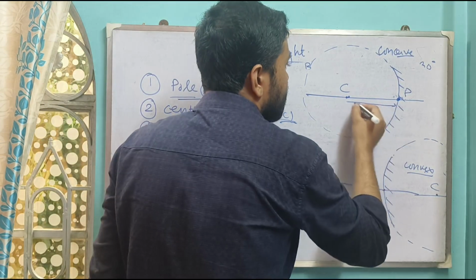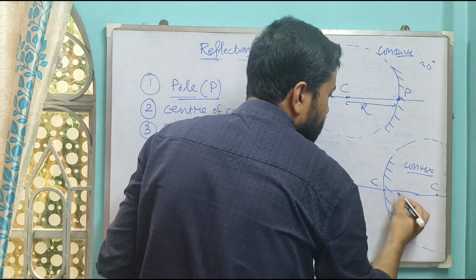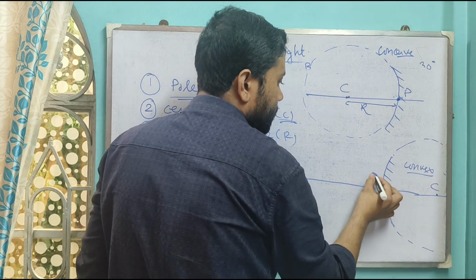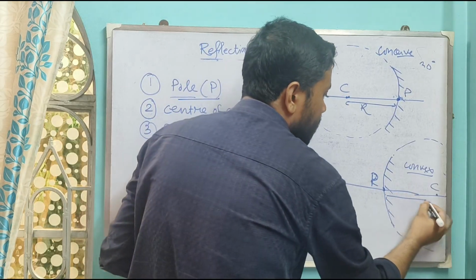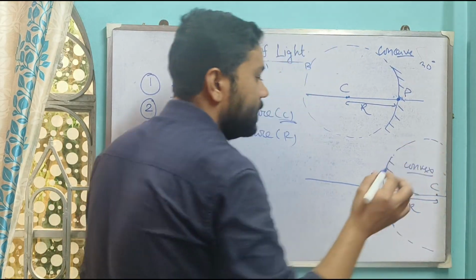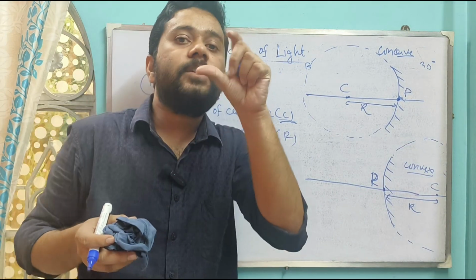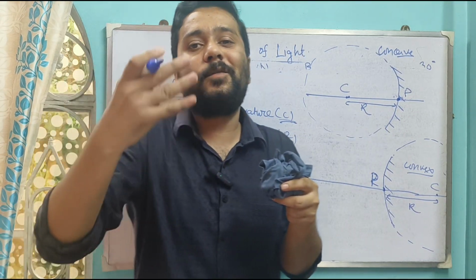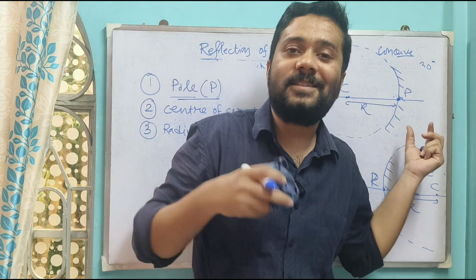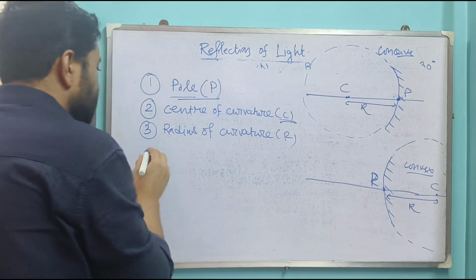Like this sphere, this is the radius of curvature for this mirror. Here it will be P, not C, as it is the pole, the center of the reflecting surface. Clear? So the radius of the sphere of which the spherical mirror is a part is called the radius of curvature, and the center of that sphere is called the center of curvature. Okay, so we have completed it.